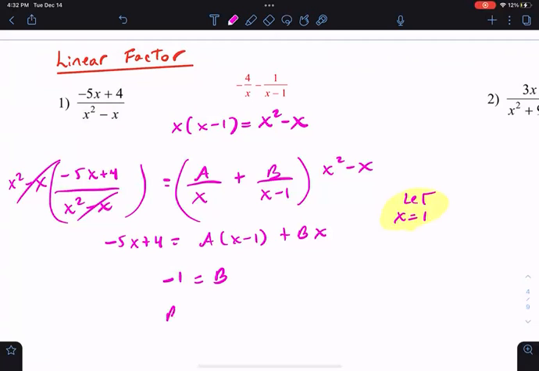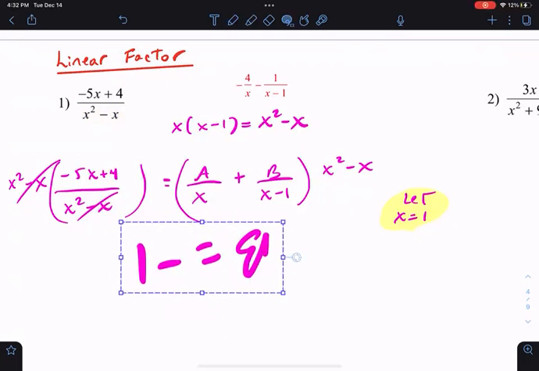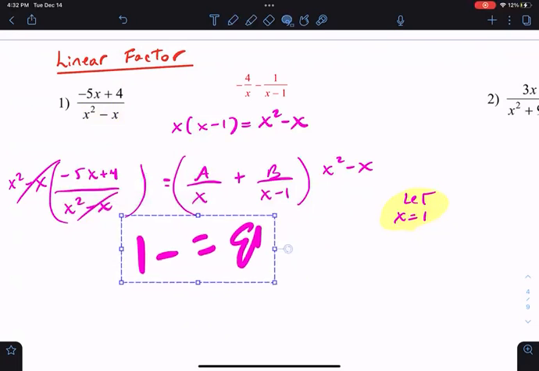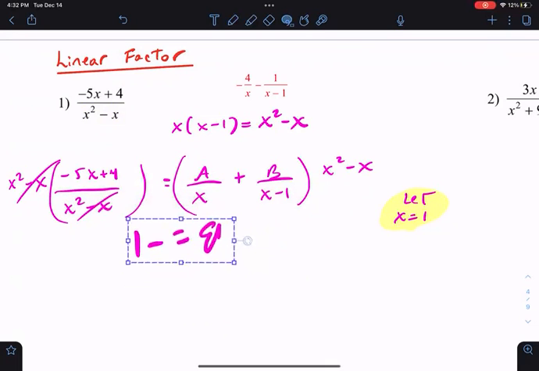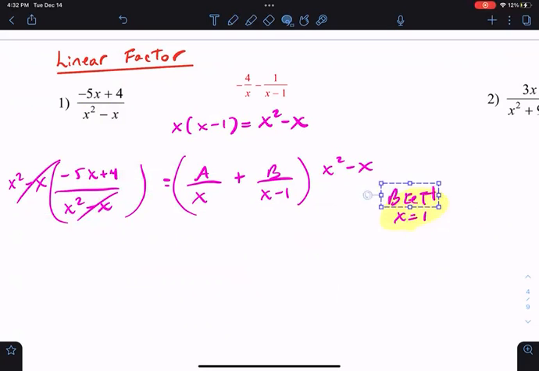So b equals negative 1. And now you need to solve for a, right? I'm sorry about that. So b equals negative 1.